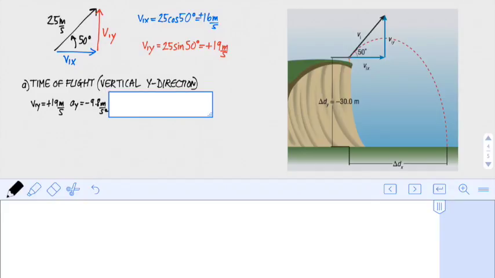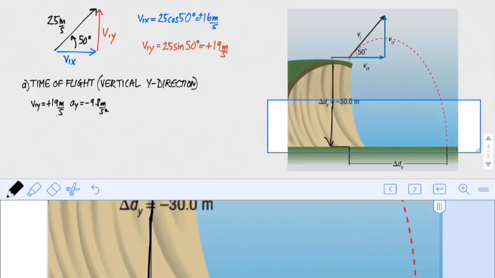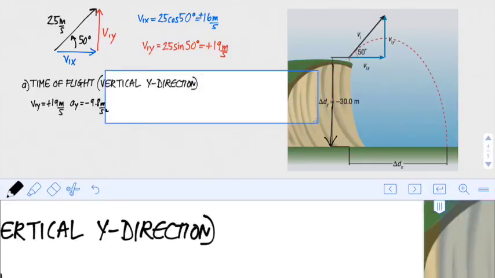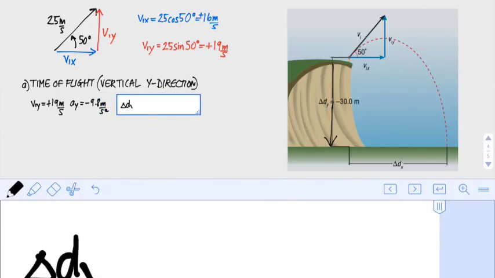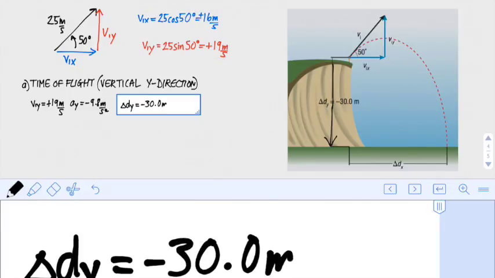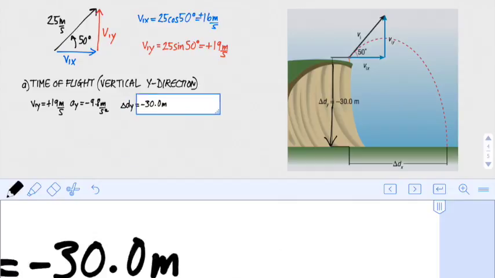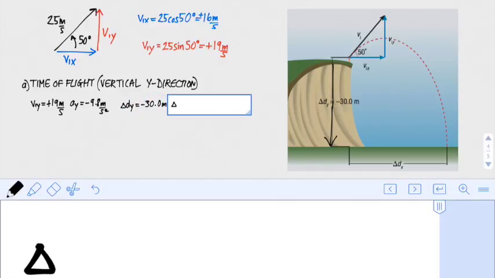In this type 3 example, the object ends up with a displacement of 30.0 meters down. So we can say delta dy is negative 30.0. And our job is to find delta t.